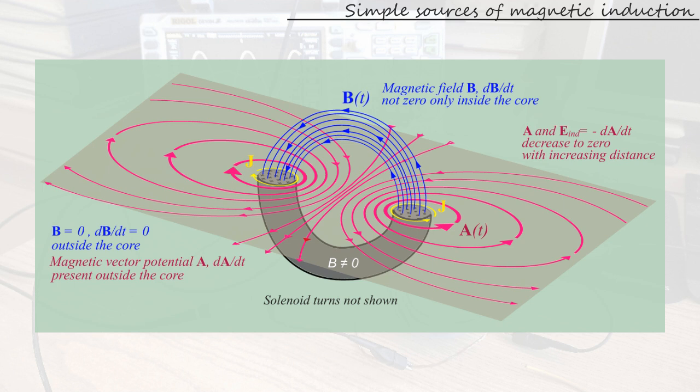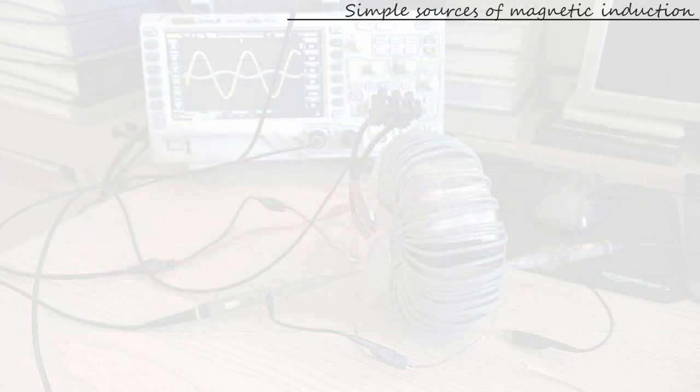Just like in the case of a finite solenoid, a loosely wound toroidal solenoid will have most of its magnetic field B and magnetic induction dB/dt confined within its core or windings boundaries, while the A and dA/dt fields extend on the outside and are bound to diminish with distance.